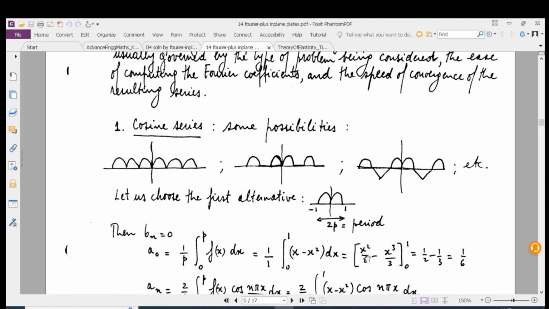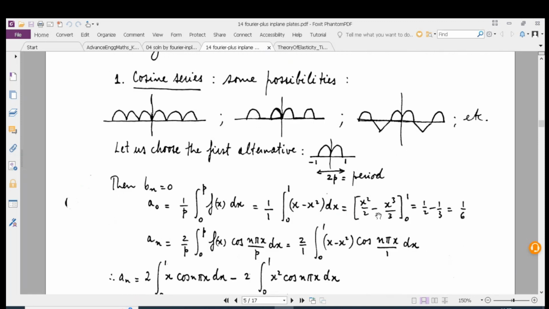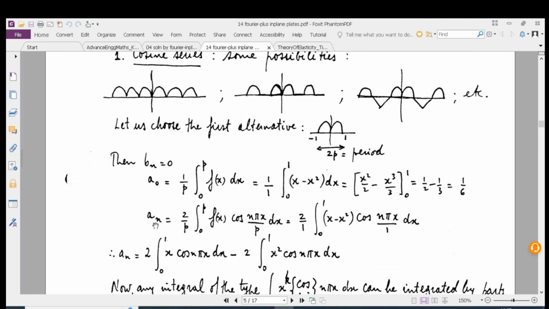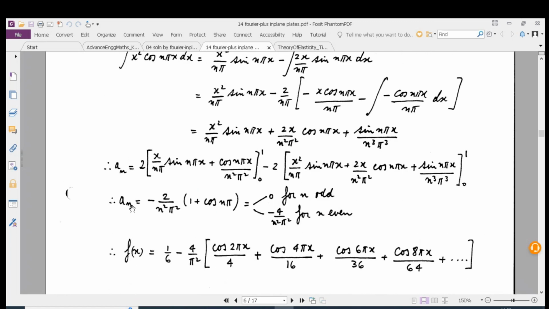So we plug the values in this and we find a naught equal to 1 by 6. Similarly, we find out a n, which is 2 by p integral from 0 to p f of x cos n pi x over p dx, plugging the values, and we get a n is equal to minus 2 by n square pi square, small bracket 1 plus cos n pi.